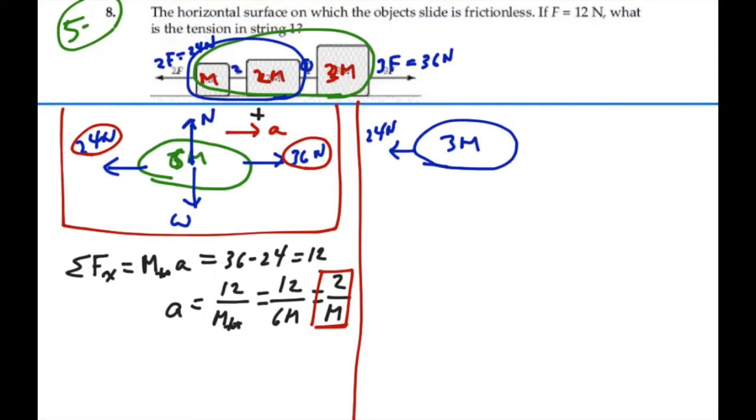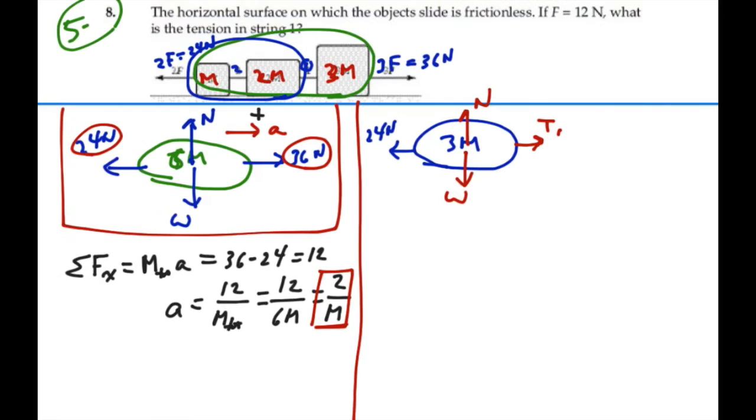But on the right, we are just going to have tension 1. That is the only force that's contacting this blob on the right. Of course we'll have a weight and a normal force, but those will be transverse to the motion, and hence they won't contribute to our acceleration. And we will have an acceleration to the right, which is equal to 2 divided by m.